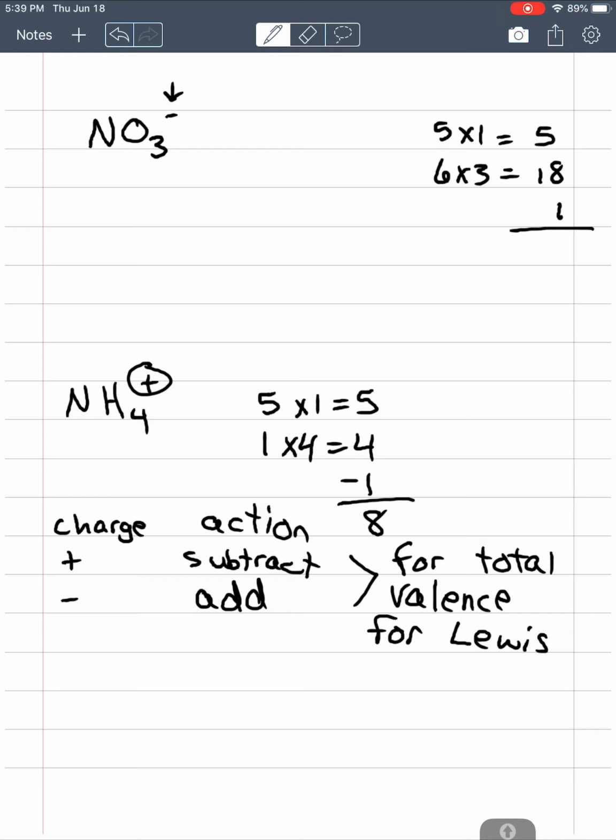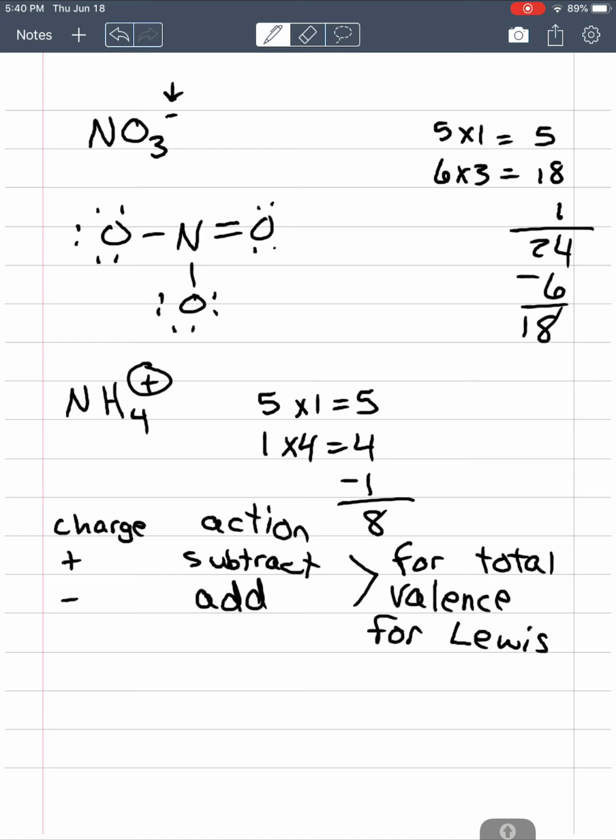All right. So let's go back to our example. So nitrogen's less electronegative. It goes in the middle. Oxygen. Oh, this was 24. We used 6. We're left with 18. We're going to end up with resonance here. So you could draw it like that. You could draw it like this.